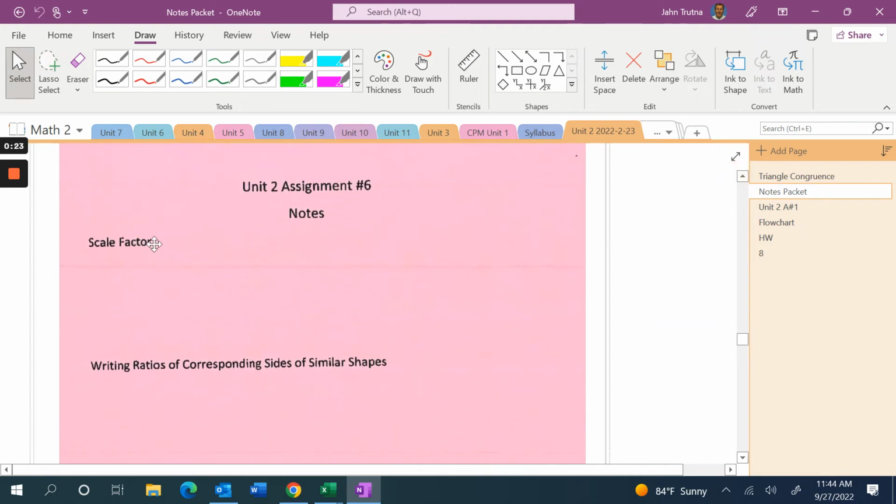So here's what scale factor is. I'm going to give you a definition, then I'm going to show you an example of what scale factor is. Scale factor is the amount each side is multiplied when a figure is enlarged or reduced.